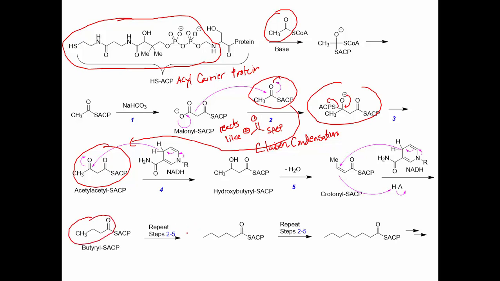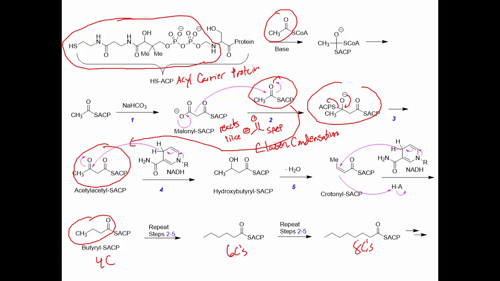And we're going to repeat steps 2 through 5. This has 4 carbons. This has 6 carbons. This has 8 carbons. So you can see now why you have an even number of carbons. We build them up by acetyl-SCoA 2 carbons at a time. So all of our fatty acids in nature end up having even numbers of carbons.